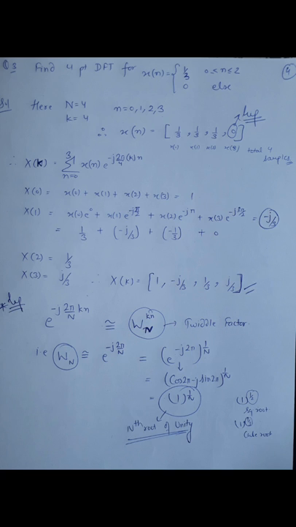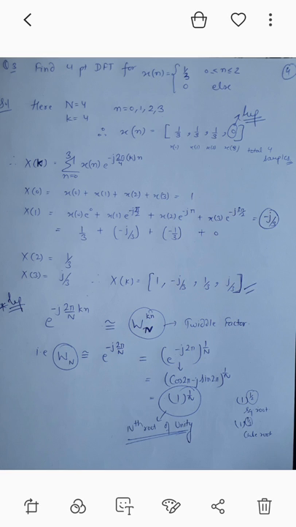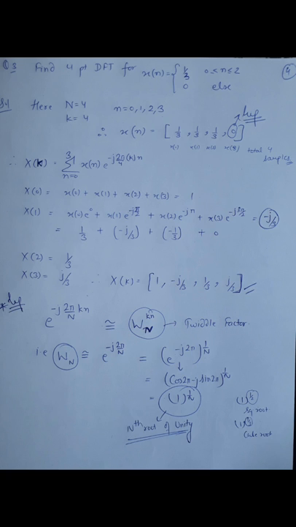Now e raised to power minus j 2 pi by N into kn, we can write this term as WN kn, where WN is named as the Twiddle factor. WN is e raised to power minus j 2 pi by N, which is equal to e raised to power minus j 2 pi whole raised to power 1 by N, where we know that e raised to power minus j 2 pi is 1, so it is 1 raised to power 1 by N, that is the Nth root of unity, which we name the Twiddle factor.